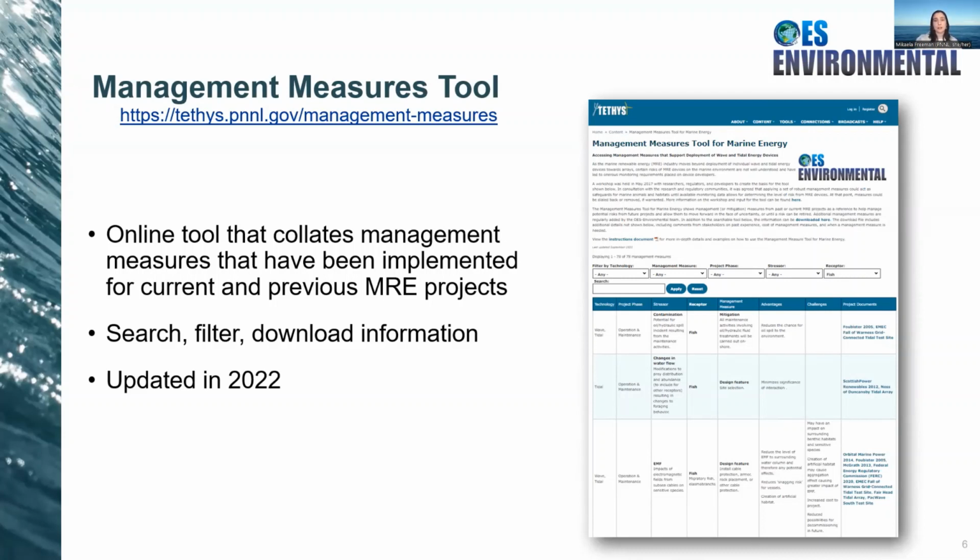The update in August of 2022 was the first update we had done in a while, and it was really to improve user experience, to improve some of the functionality of the tool and the way users can use it. And then, of course, to add a lot of additional information on new management measures and projects. And the update was done with our PNNL and OES-Environmental team in partnership with Aquaterra.